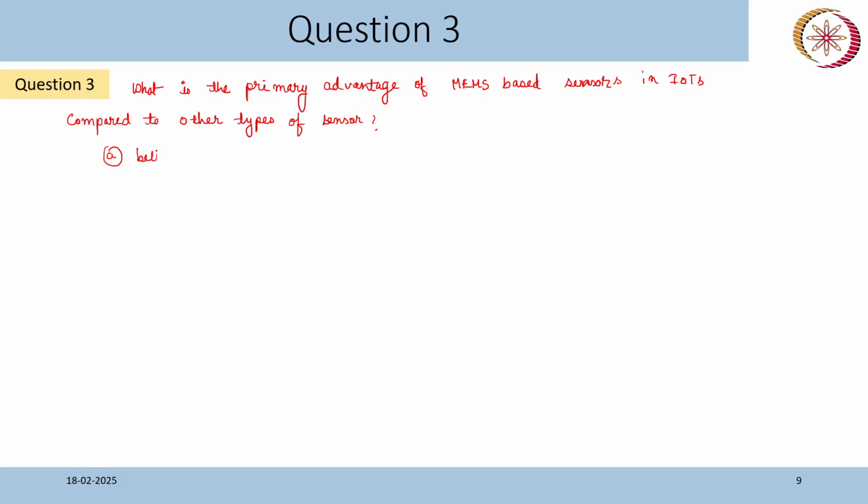The options are: A, better accuracy; B, miniaturization and low power; C, more sensitivity.